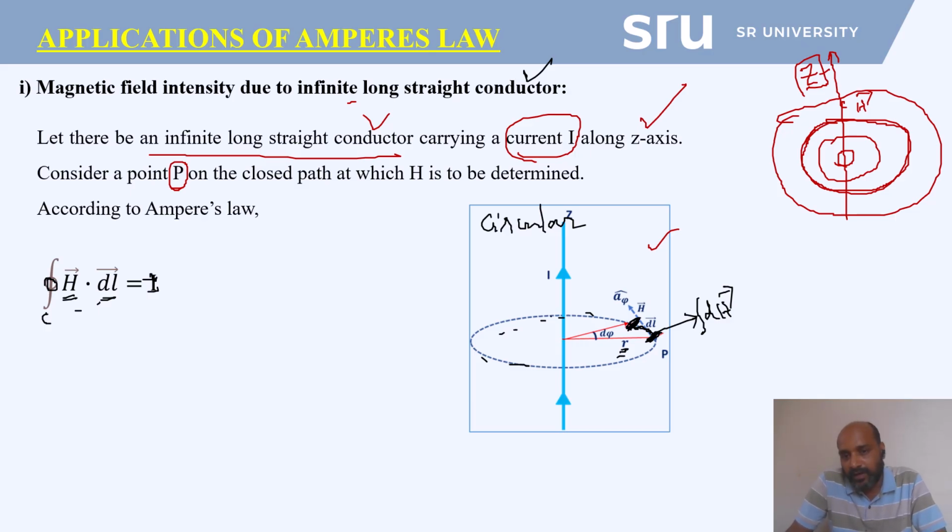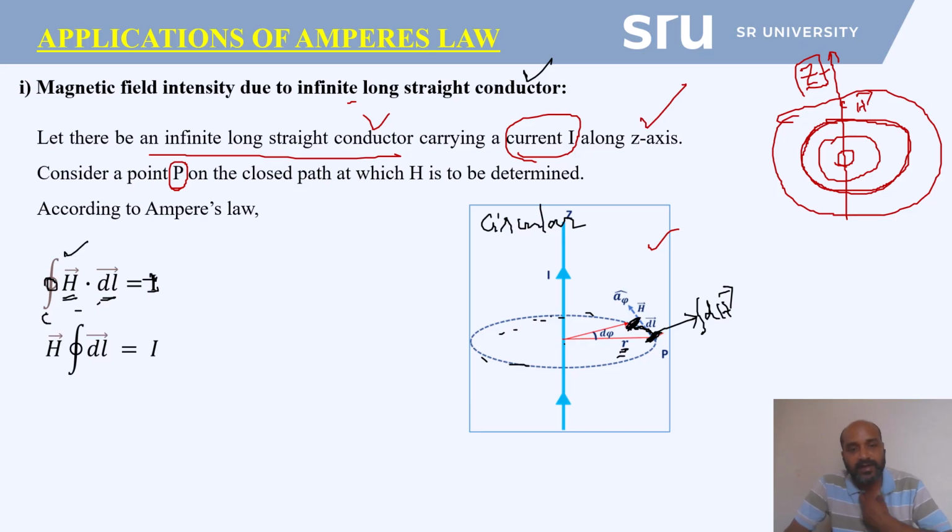So if all the points are at the same distance, then this H will definitely be constant. Because on the circular path, for any point, the distance between the current and that point will be the same. So the magnetic field intensity will also definitely be the same. I mean this is constant. If it is constant, you can write it out of the integral.